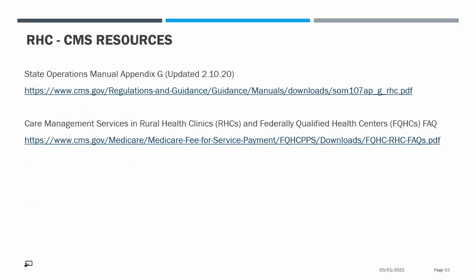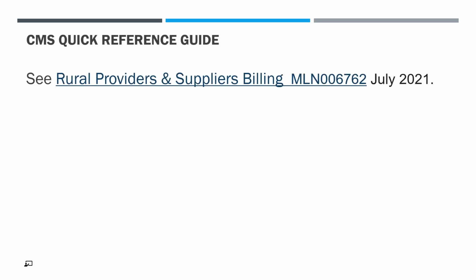Mark, we got through all of that material really quickly. So that was a lot, but this is an advanced course, so you can handle it. And here is a good reference for rural provider and supplier. You've got to get down to the rural health clinic section, but all of the topics that we've covered in this series are covered in summary in that reference guide there.